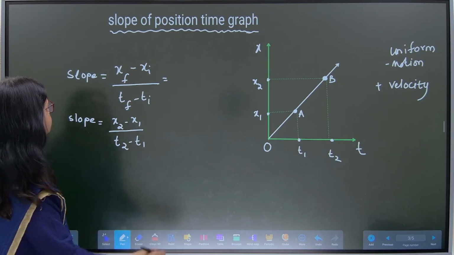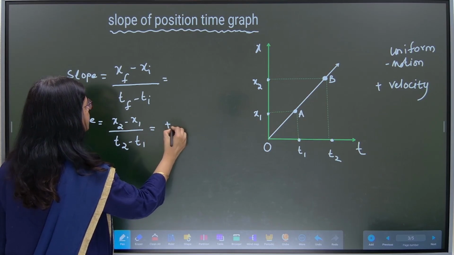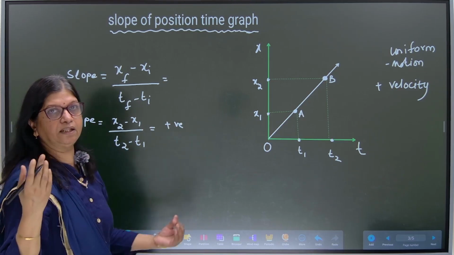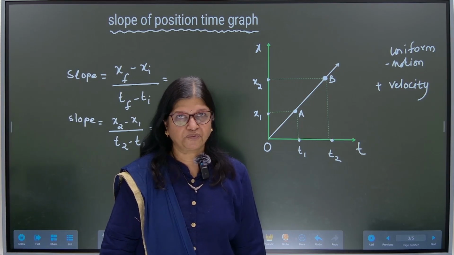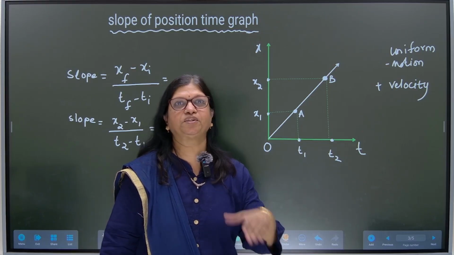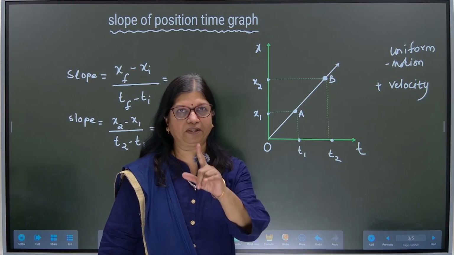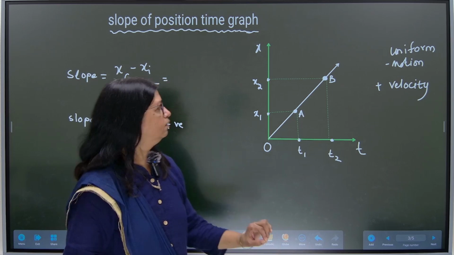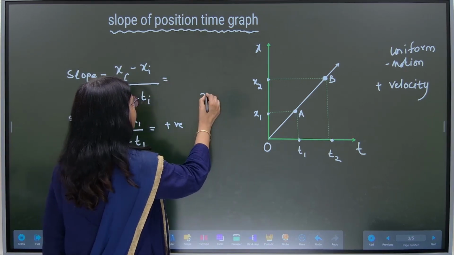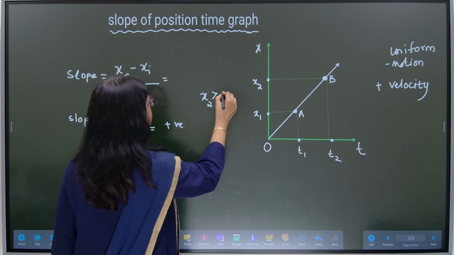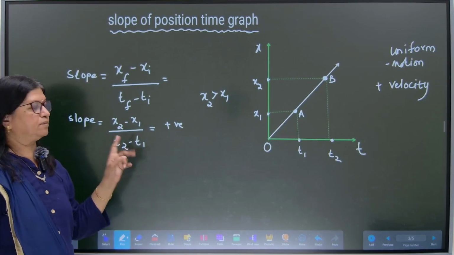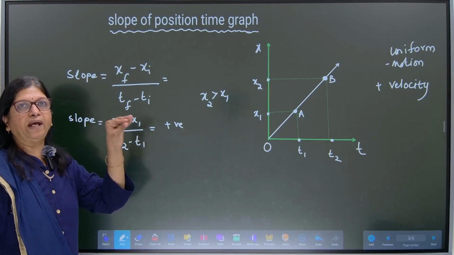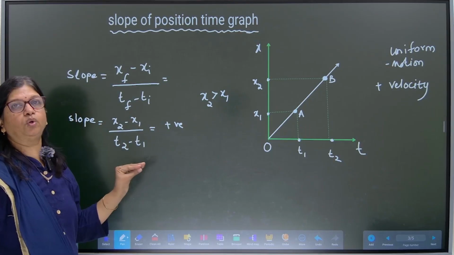The answer of this will definitely be positive because time is definitely going to be positive. We cannot go behind for the time. We have to move forward. So time is always positive. Remember that. Position, as you can see, x2 is greater than x1. So definitely I will get the numerator as positive. Denominator is positive. So my answer of the slope is positive.